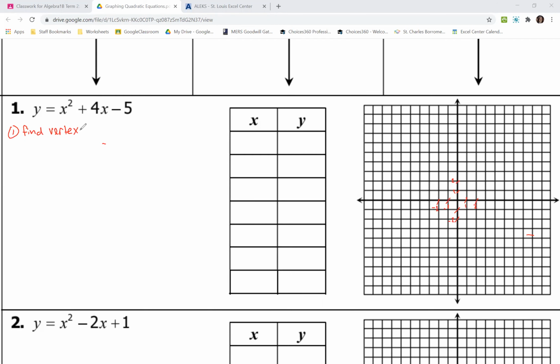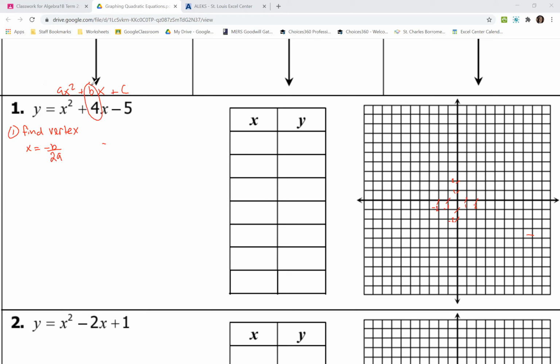The vertex is x equals negative b all over 2a. If we remember, the standard form is ax squared plus bx plus c. So what's my b?